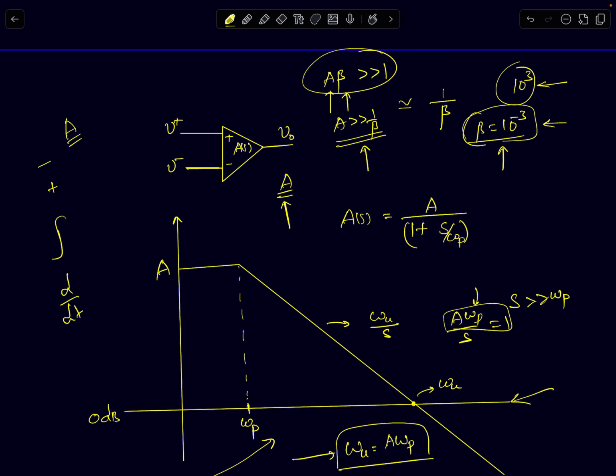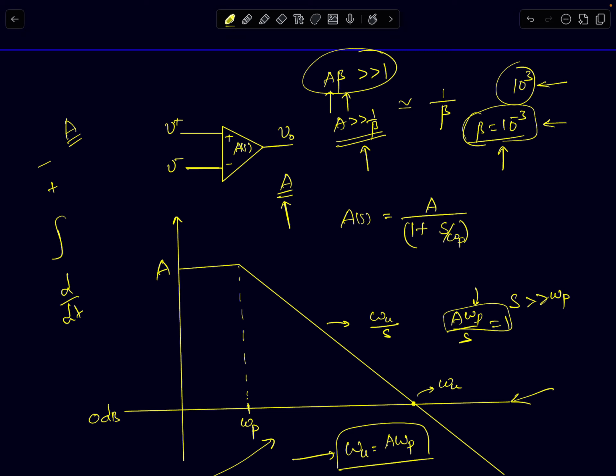How do you realize very high gain in op-amps? By cascading multiple stages. When you cascade multiple stages, you normally end up introducing multiple poles, which creates a problem of stability. So generally we do frequency compensation, also called dominant pole compensation.